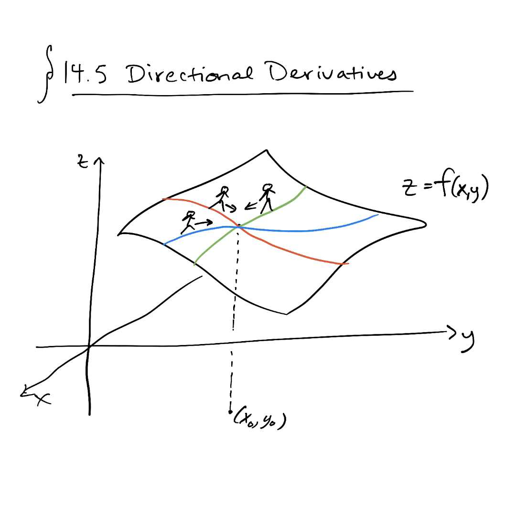The idea is to look down in the xy plane and think about the actual directions that these hikers are walking. So for example, on the green path, our hiker is walking in that direction. And on the red path, our hiker is walking in this direction. And on the blue path, our hiker is walking, say, in that direction.